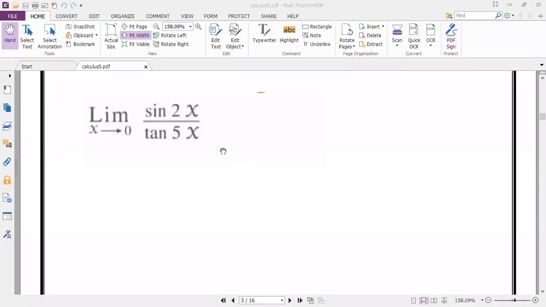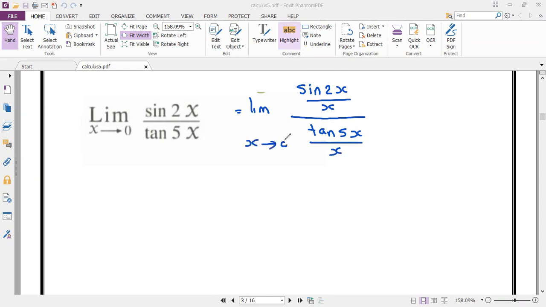Let's have a look at some examples here. I want to get the limit of sine 2x over tan 5x when x approaches 0. So you write it as a limit and divide the top and the bottom by x. So it will be sine 2x over x, okay, over tan 5x over x when x tends to 0.